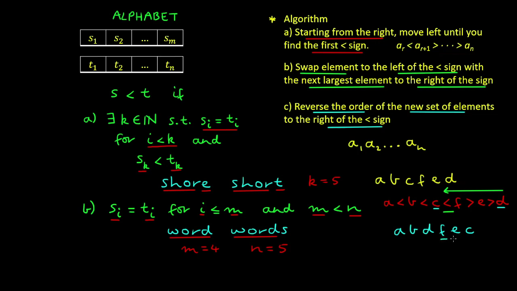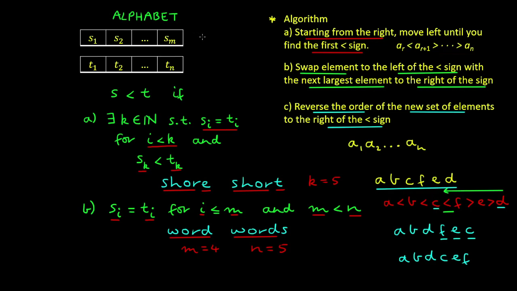So that will be these 3 elements over here. So we have A, B, D, C, E, F being the next permutation of characters after this one over here in lexicographic order.